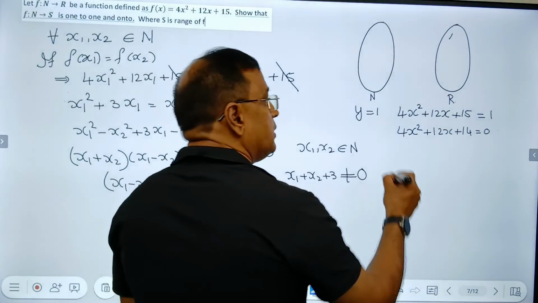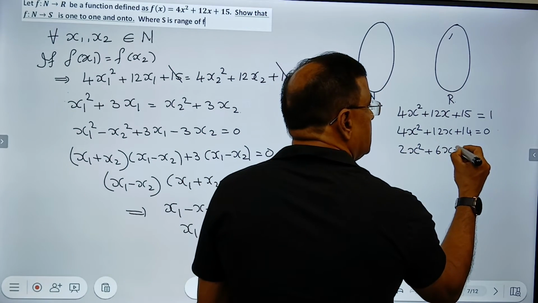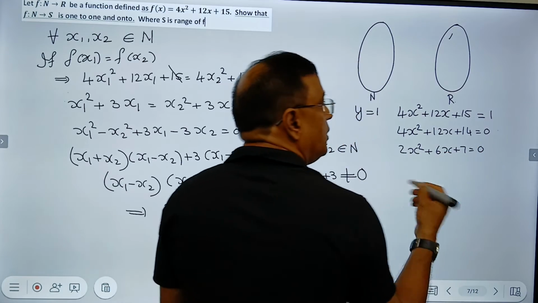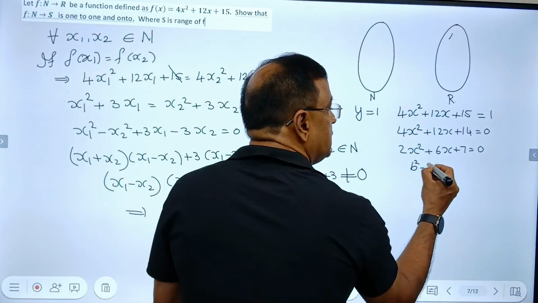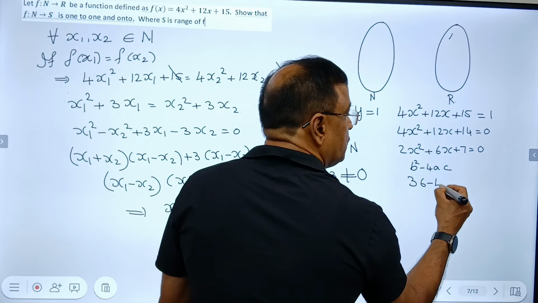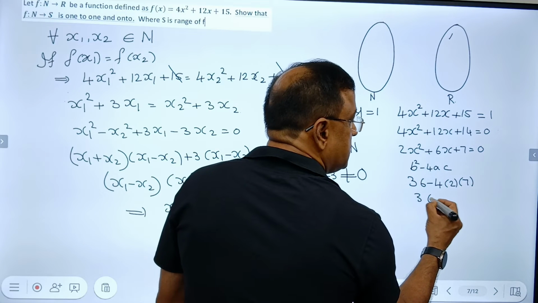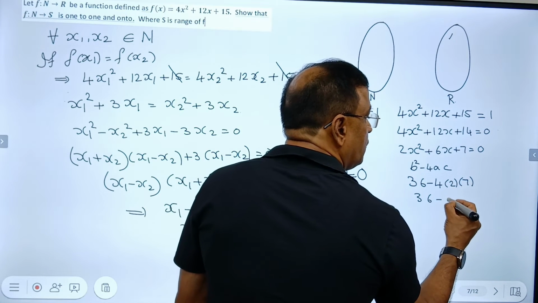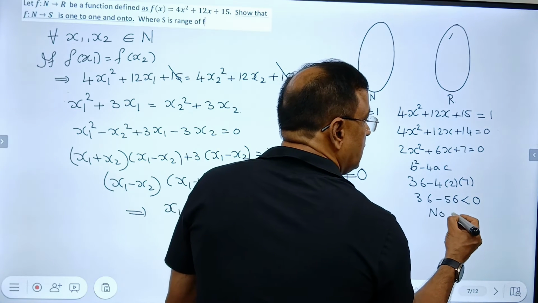Now 4 can be cancelled. You get 2x square plus 6x plus 7 equal to 0. Now let's find the discriminant. b square minus 4ac. b square is 36 minus 4ac, 36 minus 56, which is definitely less than 0. So no real value of x.